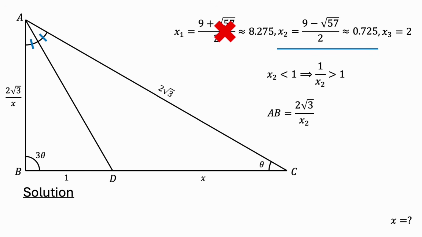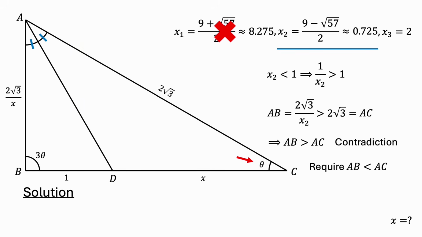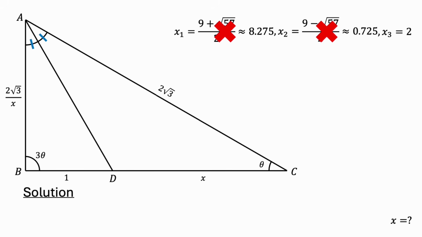Thus, AB, which equals 2 square root 3 over x2, is greater than 2 square root 3, which equals AC, meaning AB is greater than AC. But AB is opposite the smaller angle, thus, we require AB is less than AC. Hence, we have a contradiction, and so we reject x2. Therefore, x3 equals 2 is the solution to our problem.